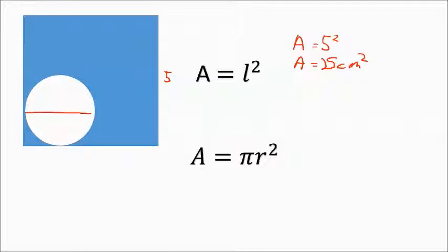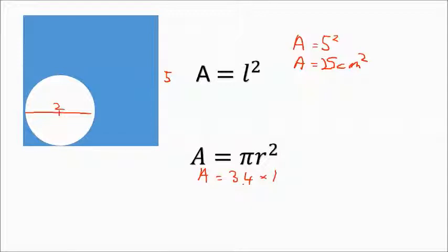So, in fact, A equals pi, which is 3.14, times r squared. Now, it's 2 centimetres across, so r is only half of that, so it's 1. And 1 squared is 1, because 1 times 1 is 1.